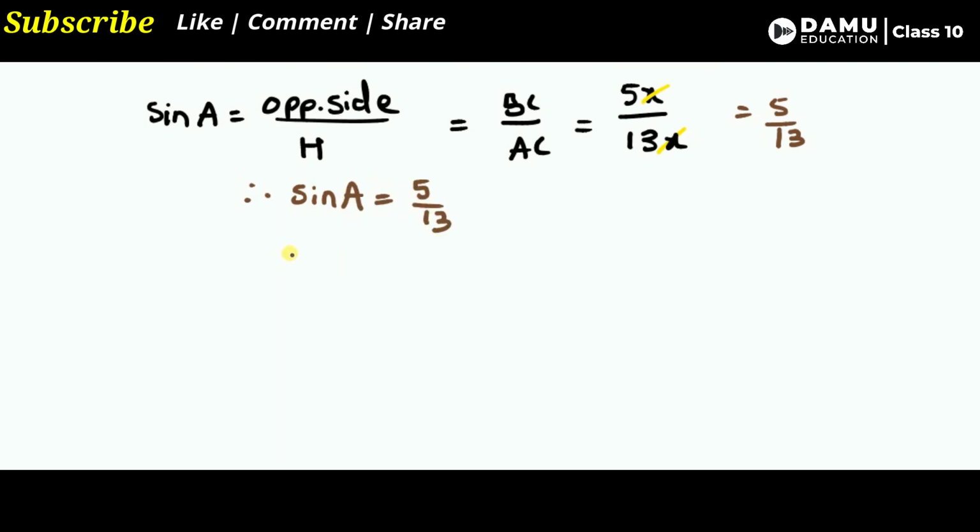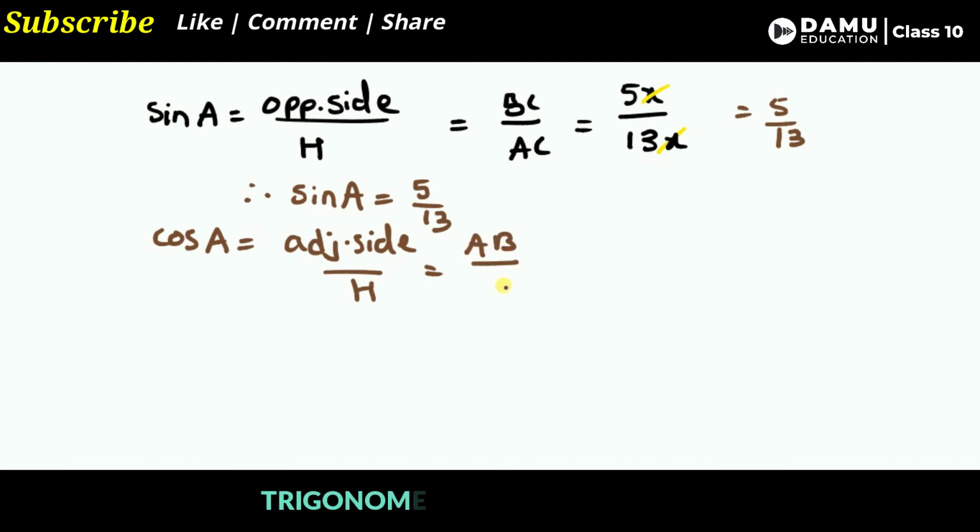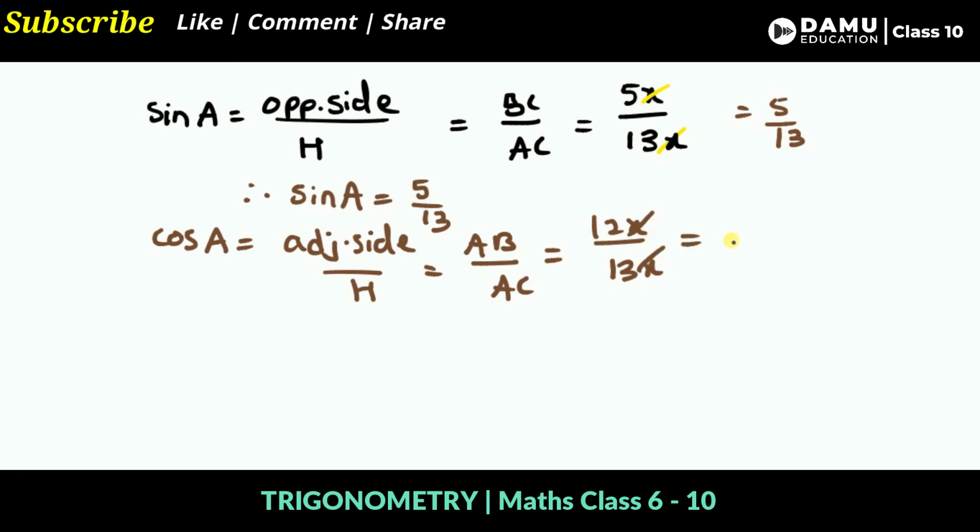So this is the value, and they are asking for tan A. Let's also find cosine A. This is adjacent side by hypotenuse. The adjacent side for the angle A is AB, by hypotenuse AC. AB is 12x, hypotenuse is 13x. They have already given this.